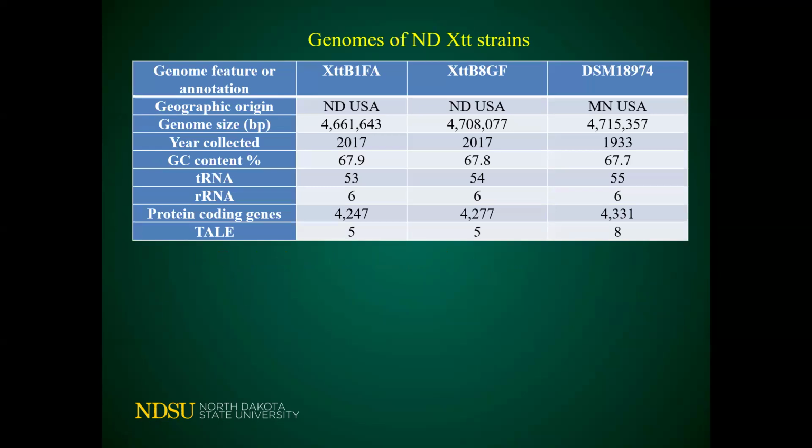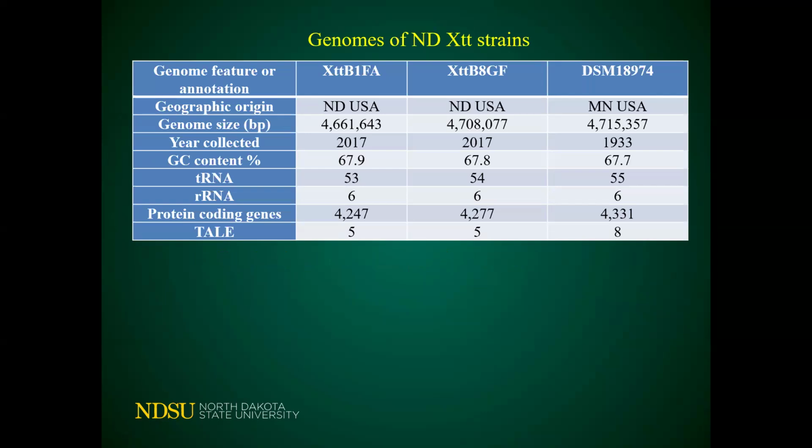First we sequenced two North Dakota XTT strains, B1FA and B8G, which come from different locations.